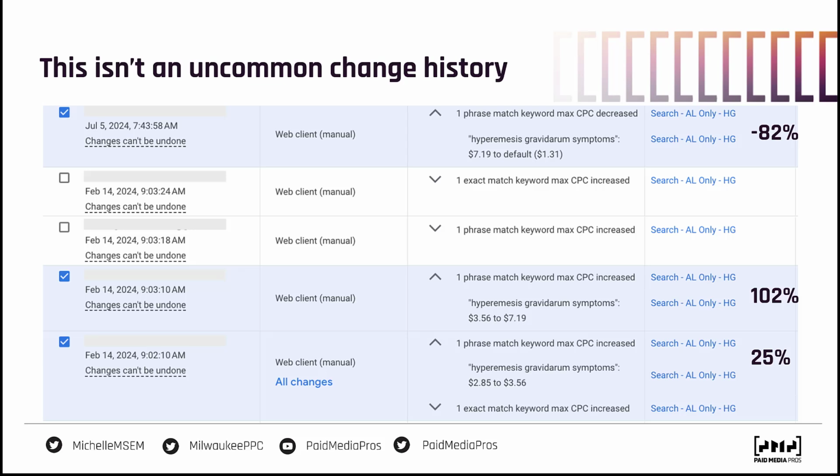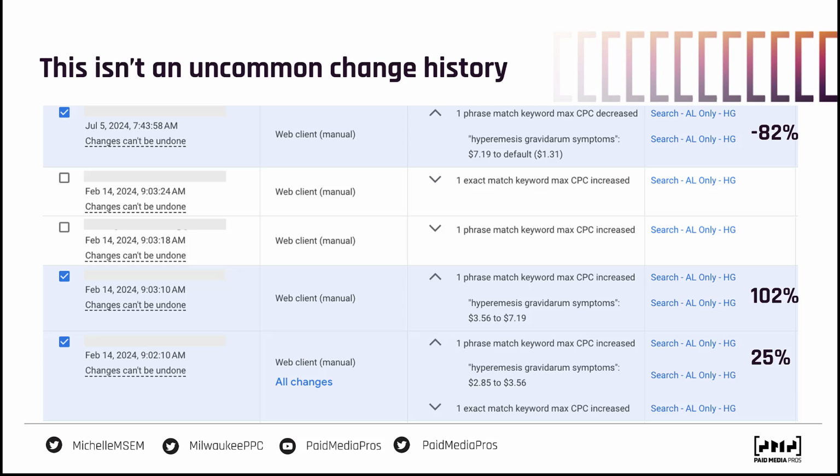So it's a big increase. And then after things stayed stable for however many months, the bid was pulled down 82% from the $7.19 high all the way down to the lowest that we saw during this time frame at $1.31. So these are very large bid changes that we're seeing for this singular keyword after no activity of changes in the middle. And this is kind of the core reason that we see issues with manual CPC campaigns.